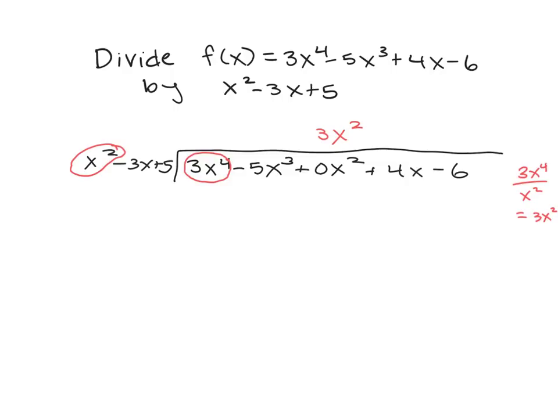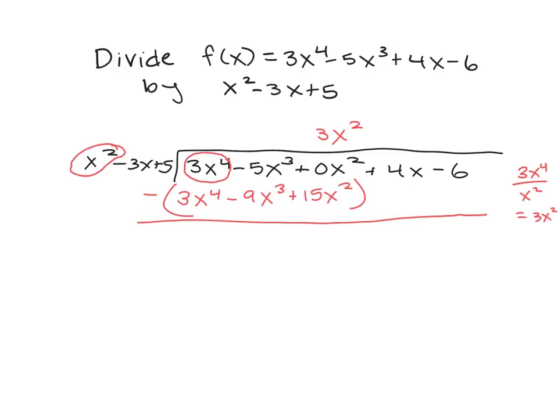So 3x squared times x squared is 3x to the fourth. 3x squared times negative 3x is going to be negative 9x cubed. And 3x squared times 5 is going to be 15x squared. And just like regular long division, I'm going to subtract this whole thing away and write down what I have left.